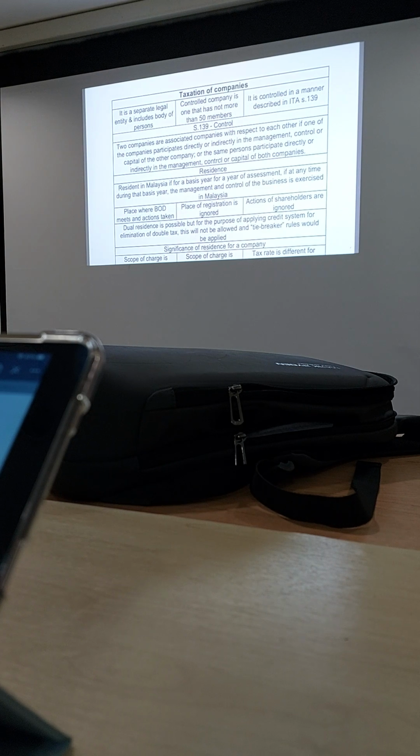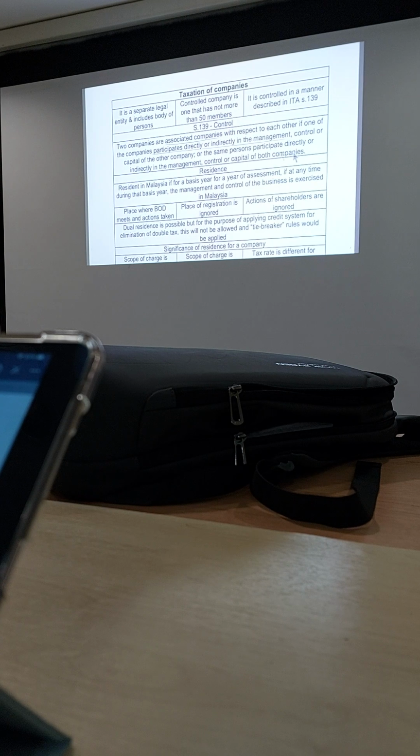Section 139 control: two companies are associated companies with respect to each other if one company can participate directly or indirectly in the management, control or capital of the other company, or the same person participates directly or indirectly in the management, control or capital of both companies.